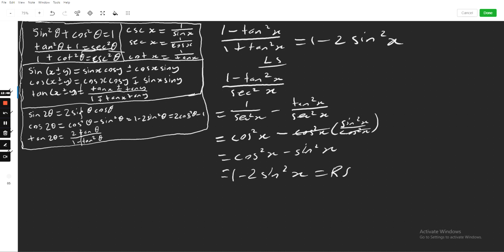We used a reciprocal identity over here, and we also used the cosine double angle formula, which is cosine squared minus sine squared is equal to 1 minus 2 sine squared, which is equal to the right side. So there we have it. That is how we prove trig equations using trig identities. I hope this helps, and I'll see you in the next video.